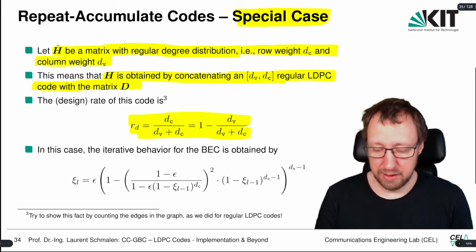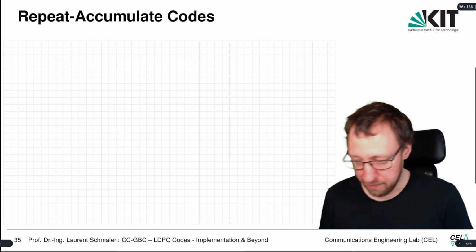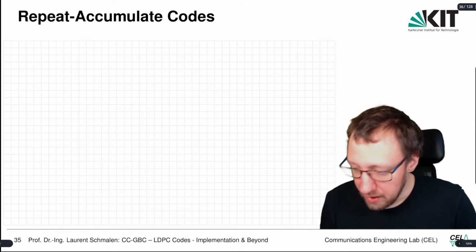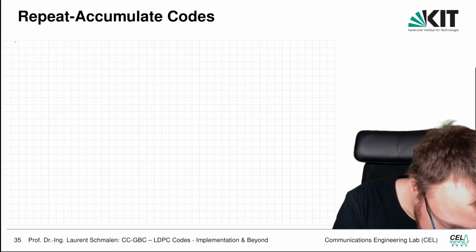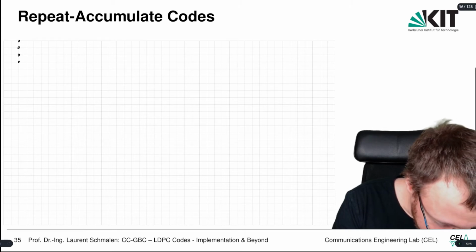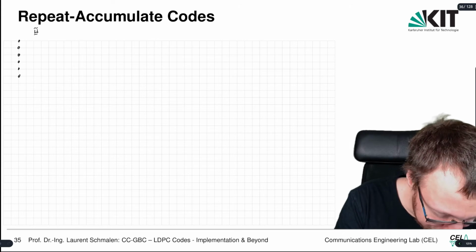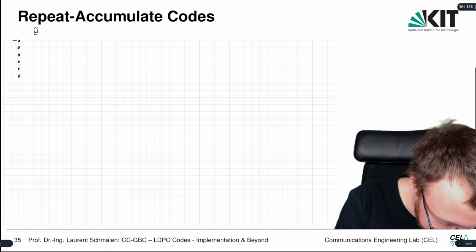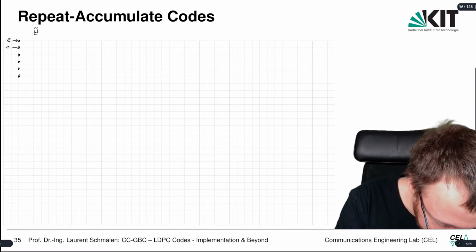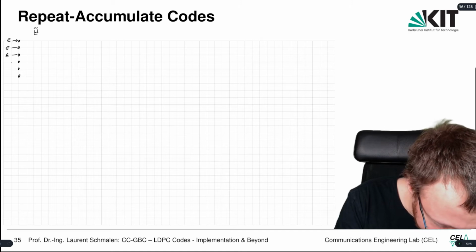So let's look at how we can actually derive this. So we have our graph. Let's say we have a graph that looks like this. So we have the portion that belongs to H tilde. We have our variable nodes. They are erased with probability epsilon.